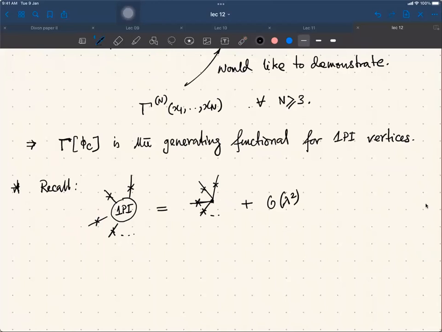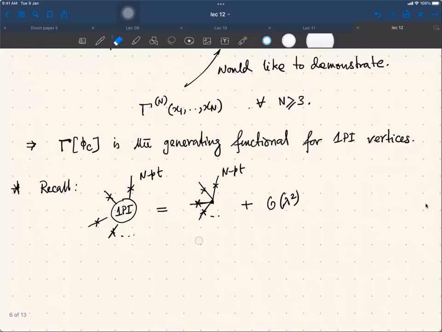Suppose this is endpoint equal to endpoint, and the corresponding to that minus i h-bar lambda n.